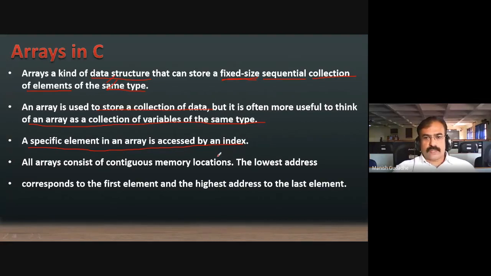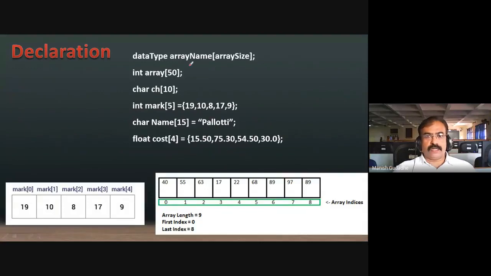I'll come to this slide. Before that, I'd like to go through this. So this is the way we can declare an array. It says that this is an array of 50 integers together. Here int is the data type of the elements in that group.